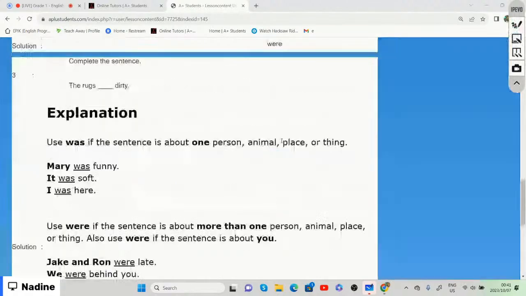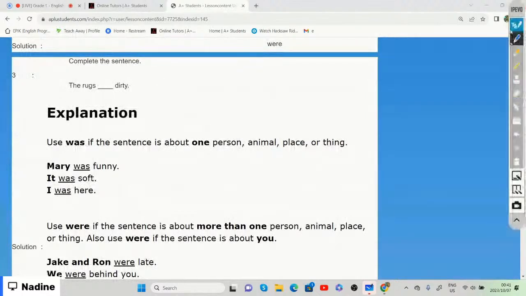And the rugs, right? The rugs refers to more than one rug. Do we say the rugs was dirty or the rugs were dirty?